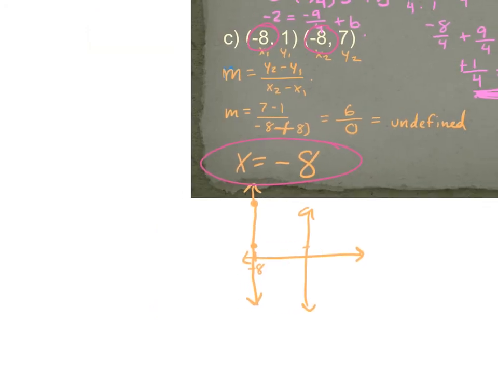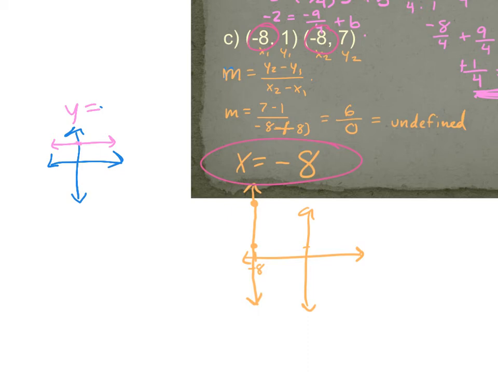If we were to have a slope of 0, I'll just show you guys on the side here. So the slope of 0 would be a horizontal line. This equation would be y is equal to. Because for any value of x, y is always going to be the same thing.